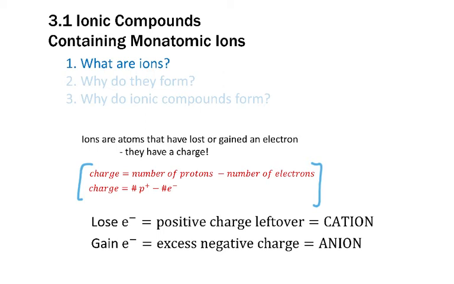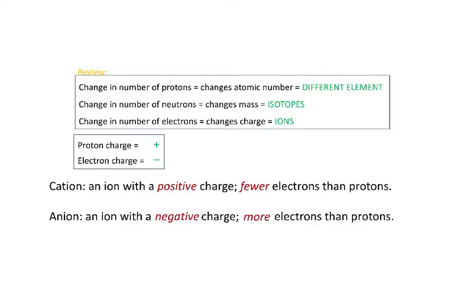So just as a review, there are three subatomic particles: protons, neutrons, and electrons. If there is a change in the number of protons, that changes the atomic number. That's a different element. If there is a change in the number of neutrons, this changes the mass. These are called isotopes.